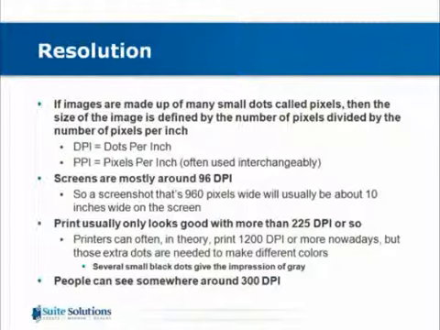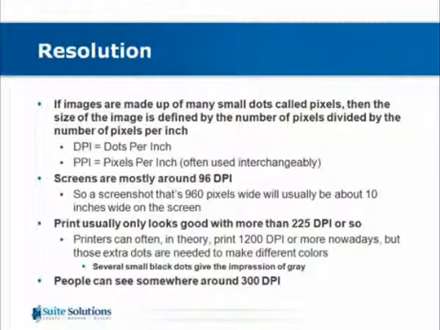So just a specific example, most screens are around 96 dots per inch. Some people have higher numbers of pixels per inch. It's not so frequent anymore to have lower numbers. So if you have a screen that's 96 DPI and you have a screenshot that is 960 pixels wide and you don't scale it, you just put 1 pixel of the image to 1 pixel on the screen, then it'll appear to be about 10 inches wide on the screen.